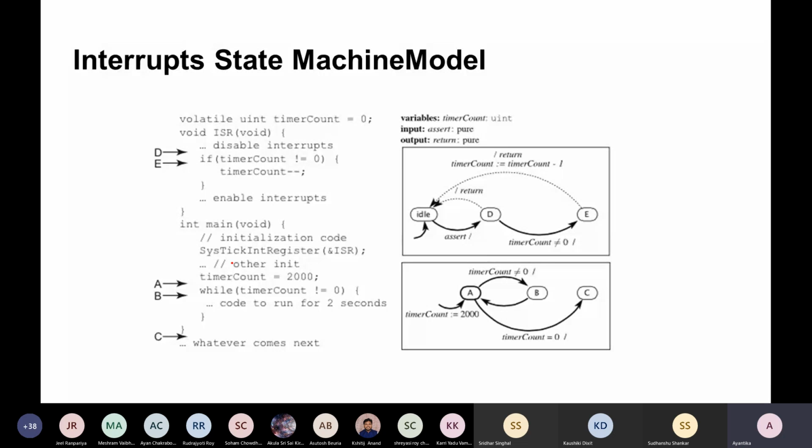So there are maybe two states, one is idle and one is the active state of the interrupt. Based on which state it is in, you have to check whether your main program execution will halt or stop.